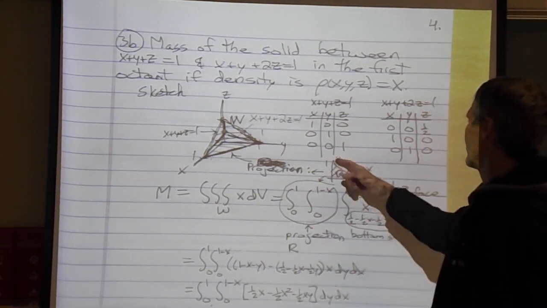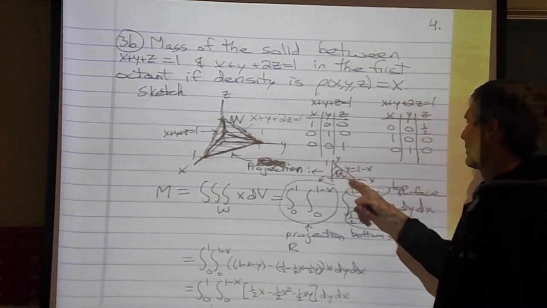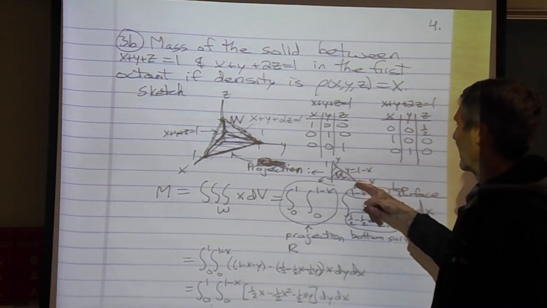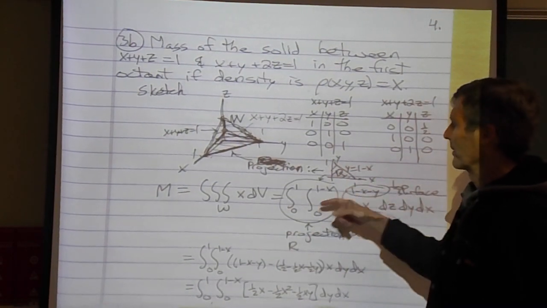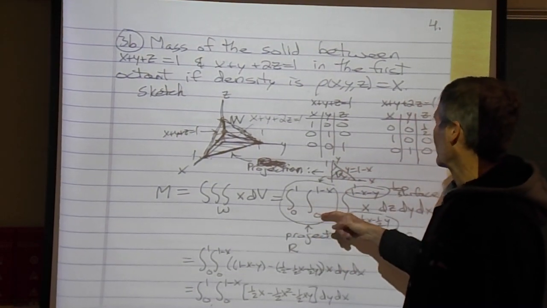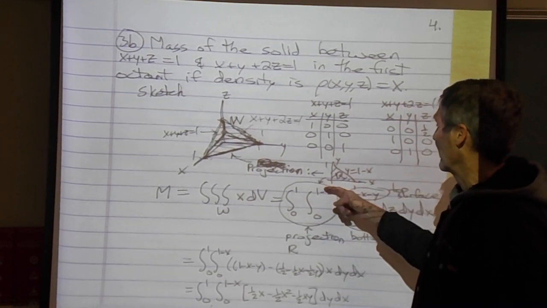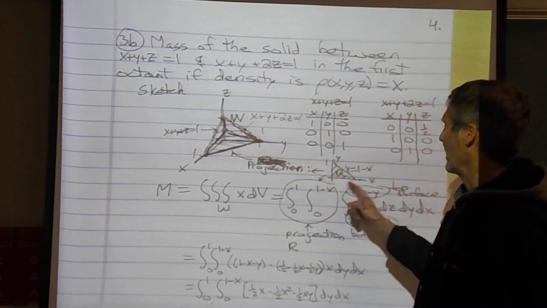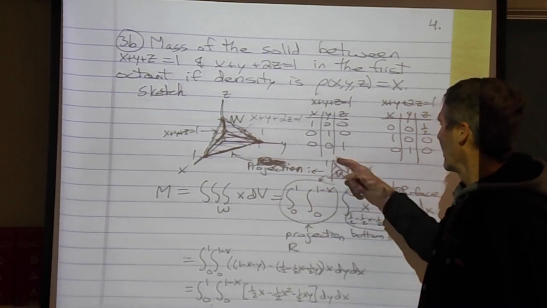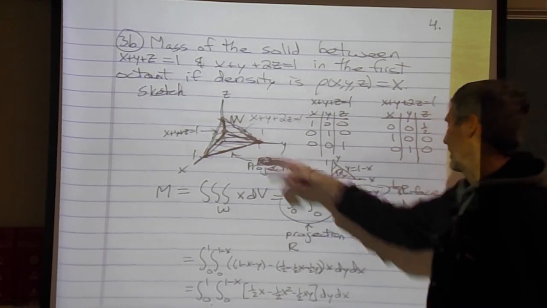X goes from 0 to 1, y goes from 0 to 1, so this line here is y equals 1 minus x. So you integrate on the inside from the bottom curve y equals 0 to the top curve y equals 1 minus x. On the outside, the min x and the max x is 0 to 1. This covers the region of projection below the solid.